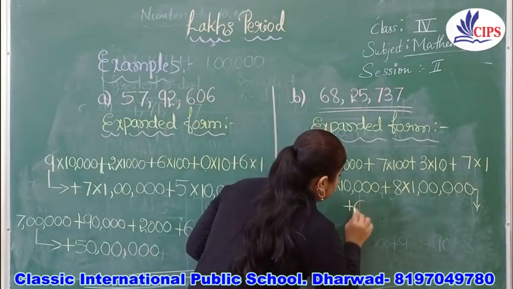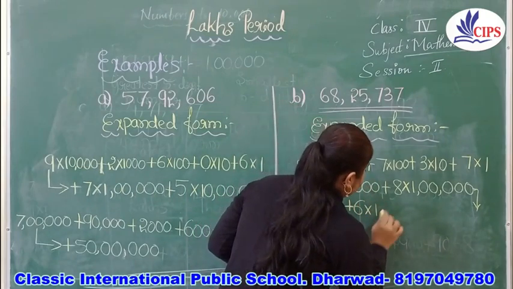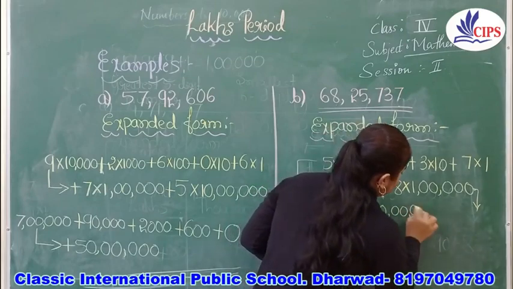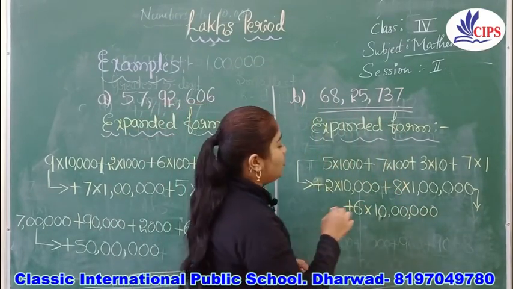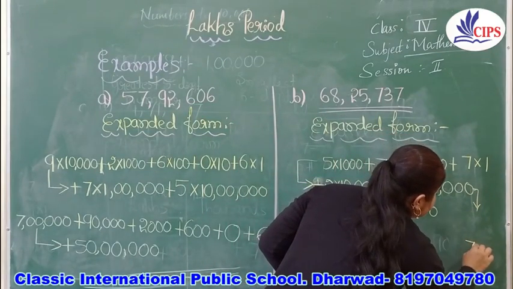Correct. So 6 into this is 10 lakh. Yes, correct. Now you just write this by multiplying.